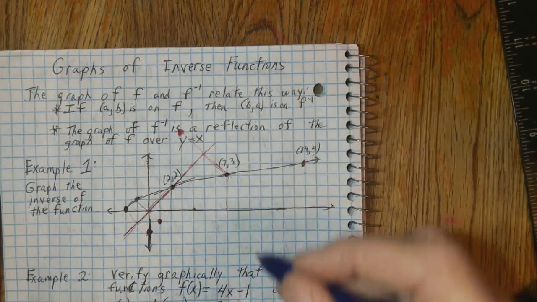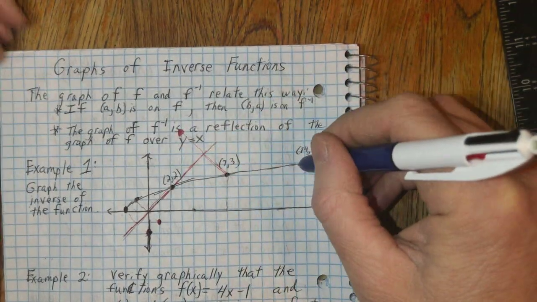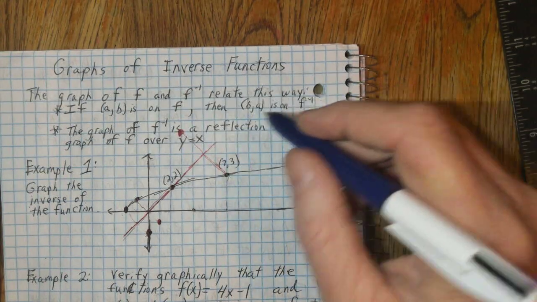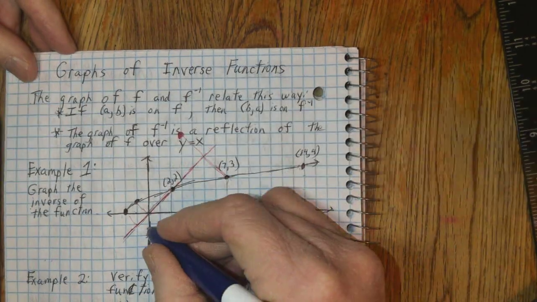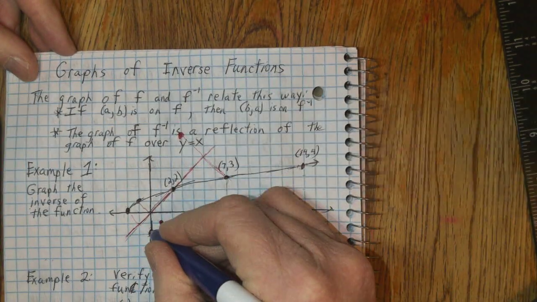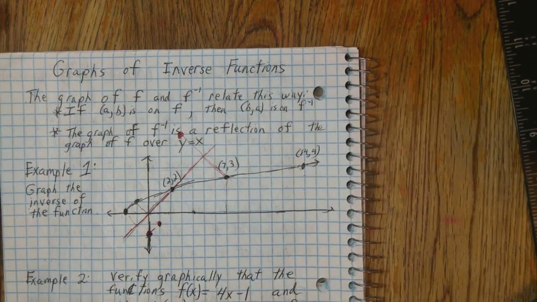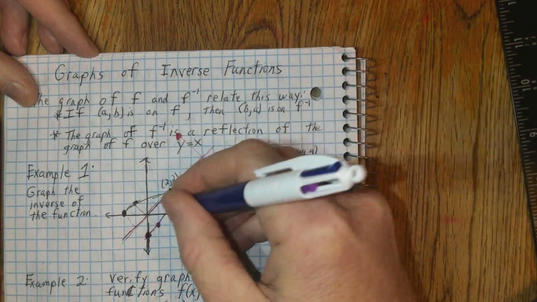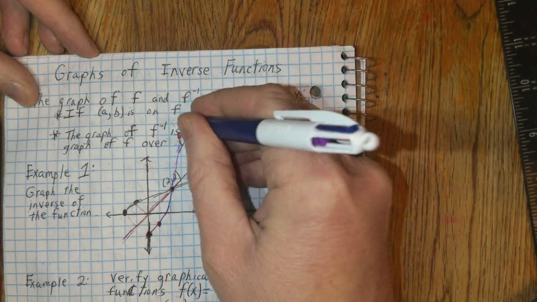This one's way out there, so I'm not going to bother trying to get that one plotted, given the room I gave myself here. So it kind of starts here, and then, let's change colors again, kind of goes like this.